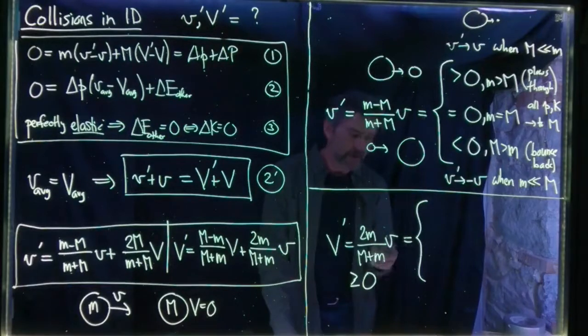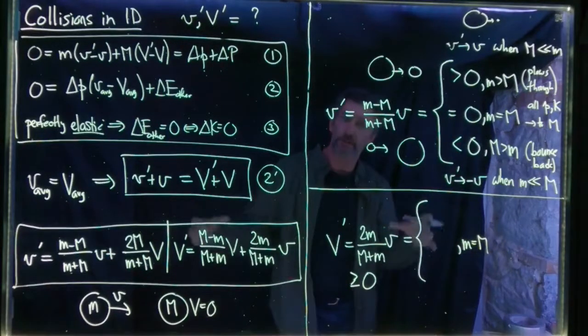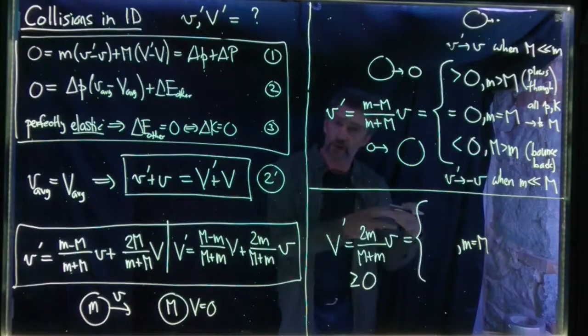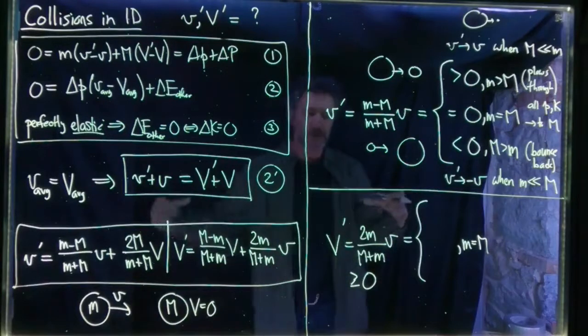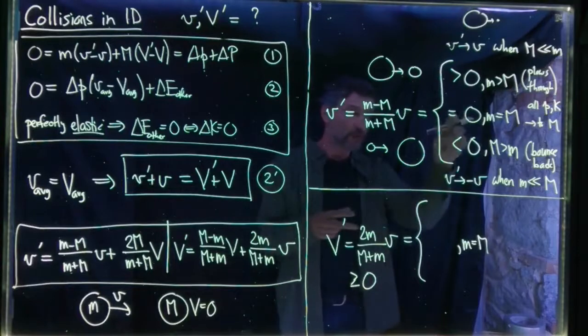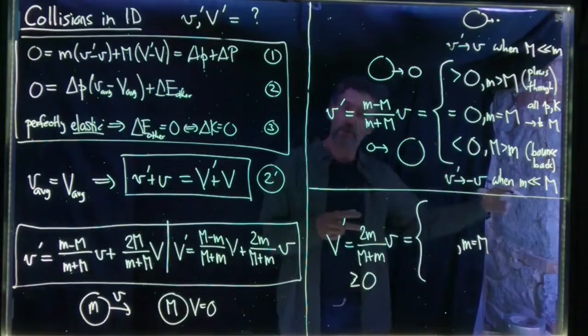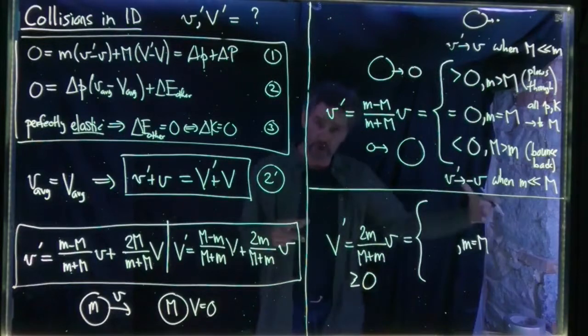In the case that little m is equal to big M, so it's like the cue ball hitting a colored ball in billiards. The masses are equal, and it's a head-on collision like this. Then what we know is that the cue ball, the white ball, will come to rest, and we know that the colored ball will take off with exactly the same velocity. So we should have big V prime equal to little v, and let's see if that's right.